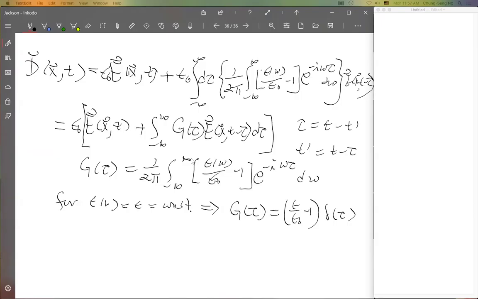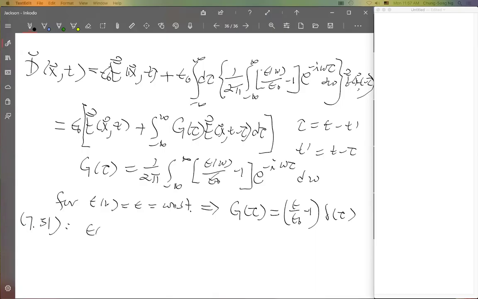But this is not a very realistic model for a medium. So we could use our previous model for a medium with a single molecule, or single oscillator, in equation 7.51. Just consider one term instead of multiple terms.